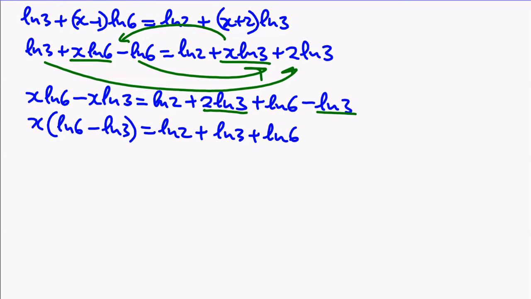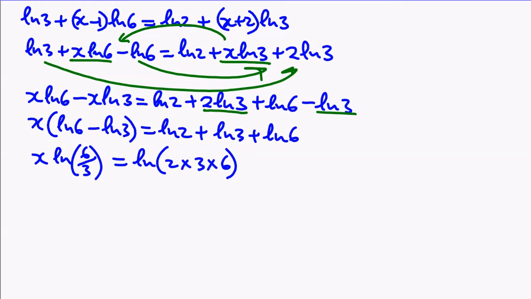Let's simplify the left hand side. So x ln(6 over 3) is equal to ln(2 multiplied by 3 multiplied by 6). Remember, if you're adding logarithms, you can take a product of each of those. So x ln 2 will be ln 36. So x will be ln 36 over ln 2.